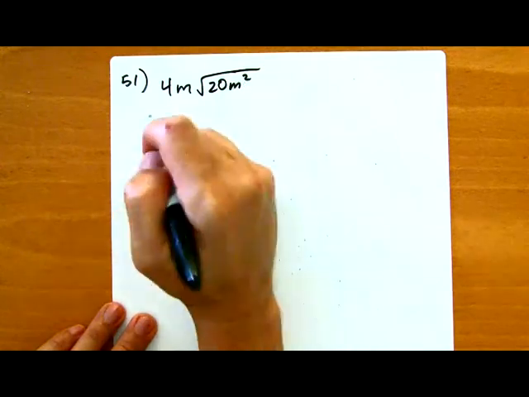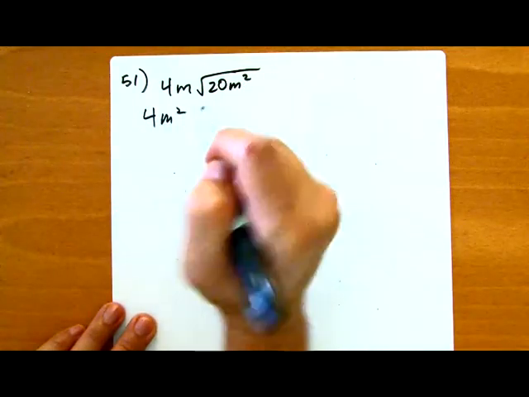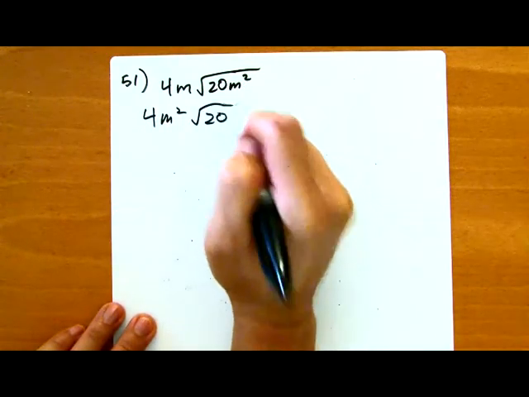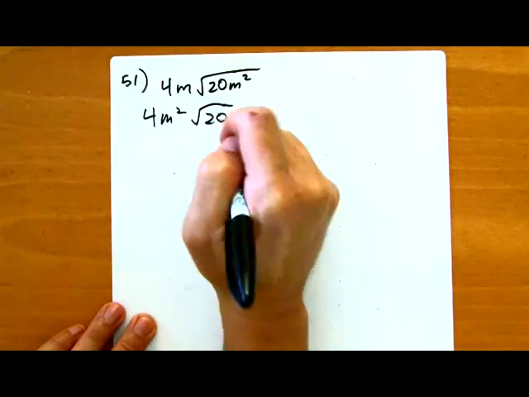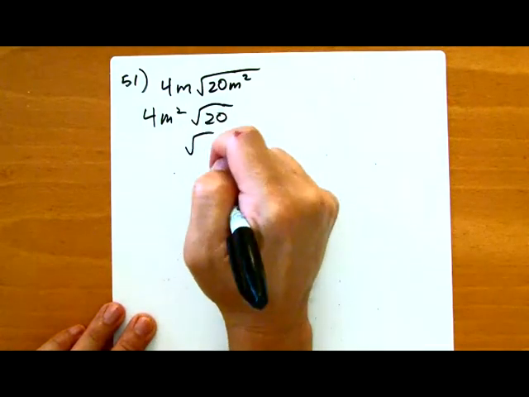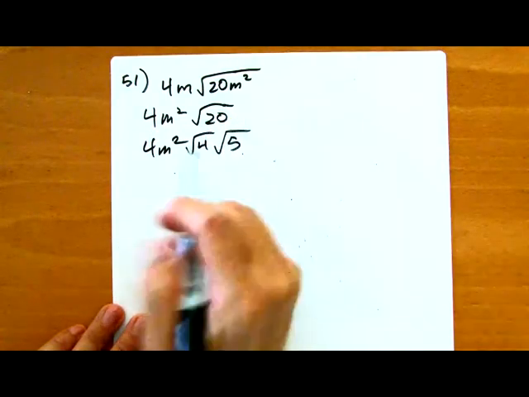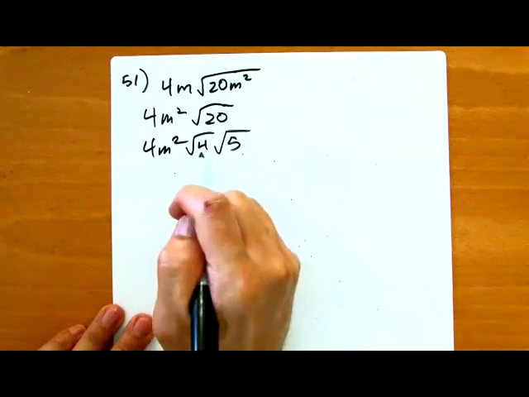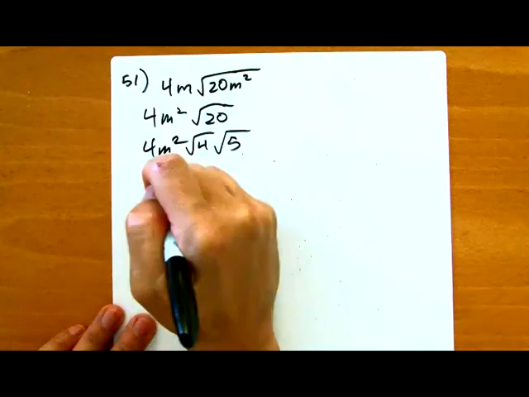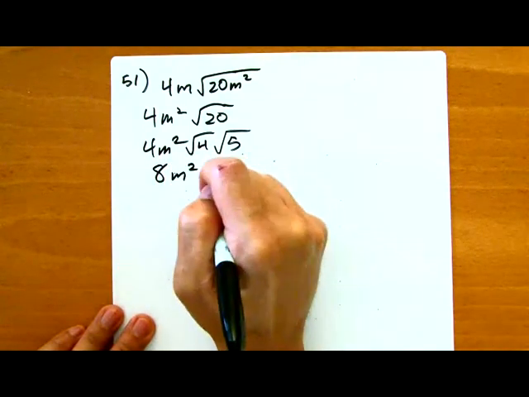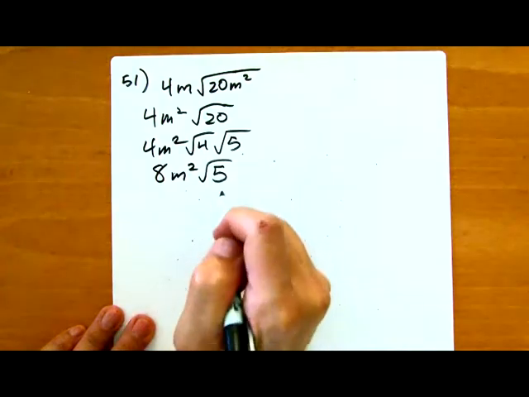That's just m. So now it's 4m to the second radical 20. Can we go further with the 20? 4 and 5. I can square root the 4. That's 2. 2 times 4 is 8 m squared radical 5. Can we go further with the 5? No.